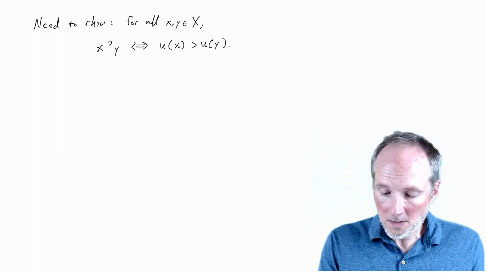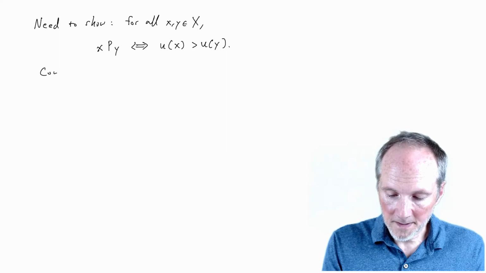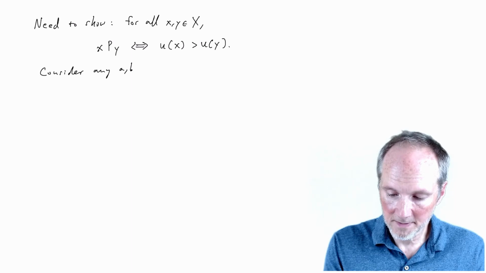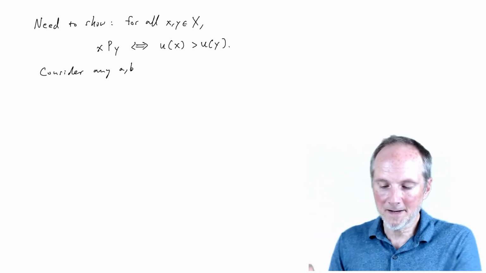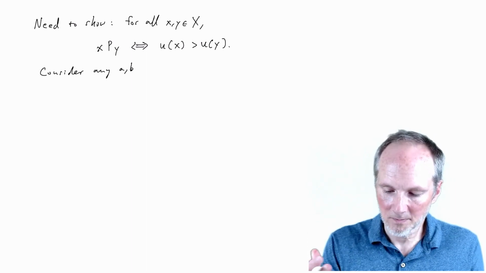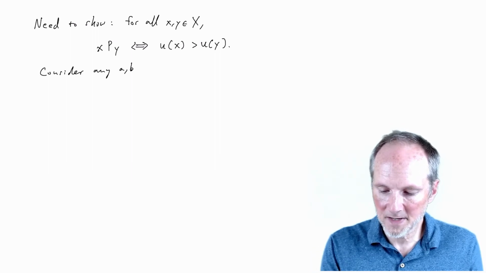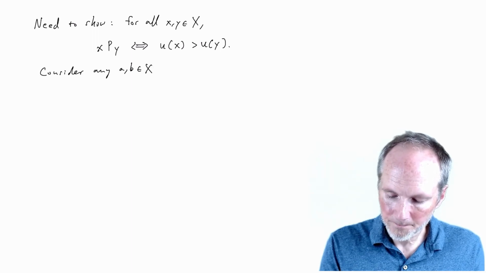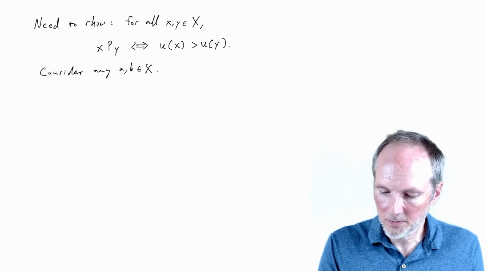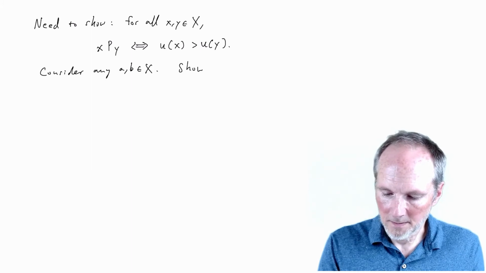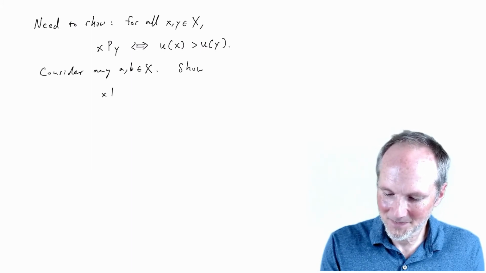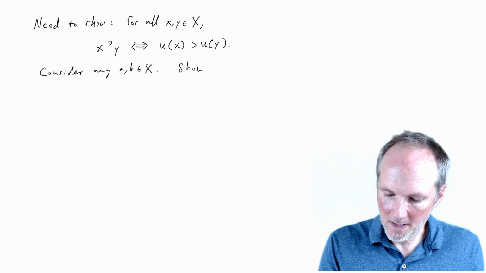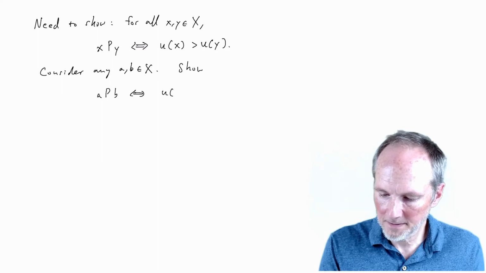Okay, so what I'm going to do is consider any alternatives A and B. Now, when I pull them out of the bag, I like to give them names like A, B, and C. All right, so we need to show that A is better than B if and only if it has a higher utility.